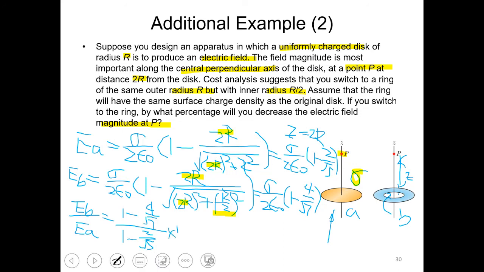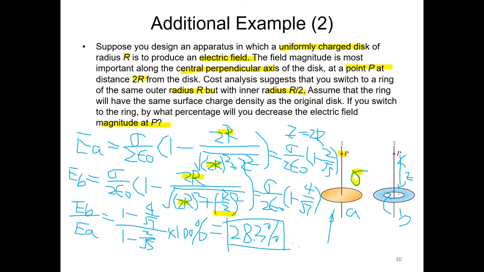Then we multiply by 100%. So actually it is 28.3%. So actually you reduce the E field generated at this point by 28.3%.